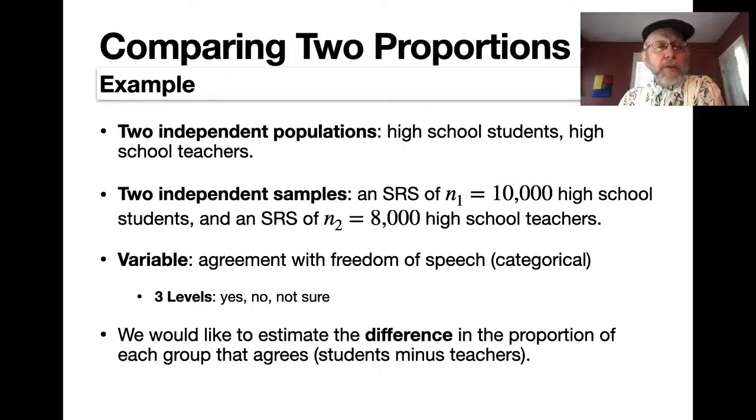What we'd like to do is estimate the true difference in proportions between each group who responds yes. And by true here, I mean population. We want to estimate the true population difference in proportions between teachers and students in responding to this question.